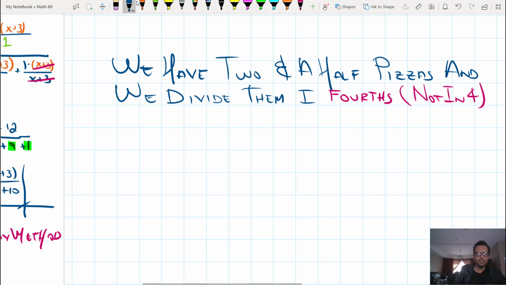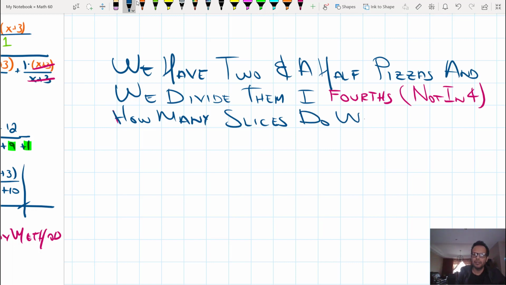The question is, how many slices do we have? How many slices is that? Interesting question. It's making me hungry, by the way.